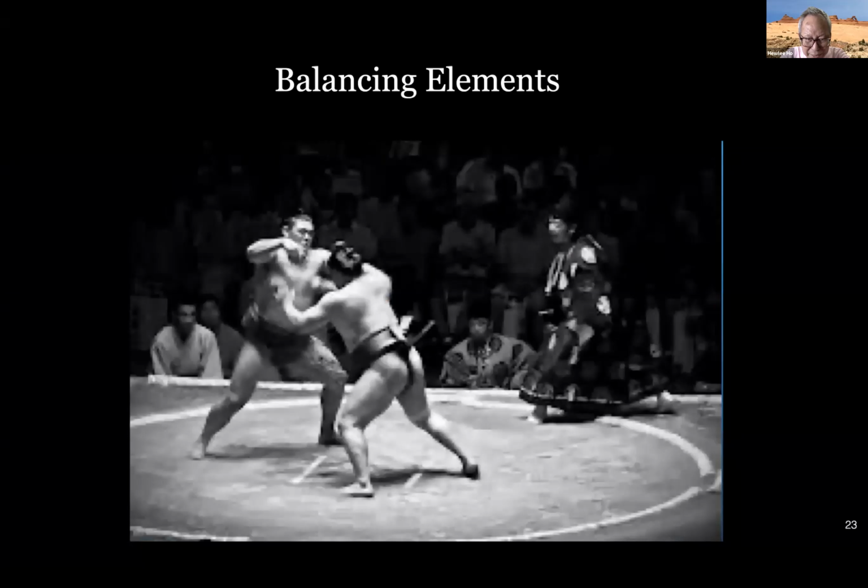And where is the balancing element? The umpire is the balancing element. Also 1/3 rule. So you notice the main and not so important subject on the side, but it's relevant to the story because sumo wrestling always needs a referee, or they call it umpire or whatever they call it. Okay, so it tells the story.